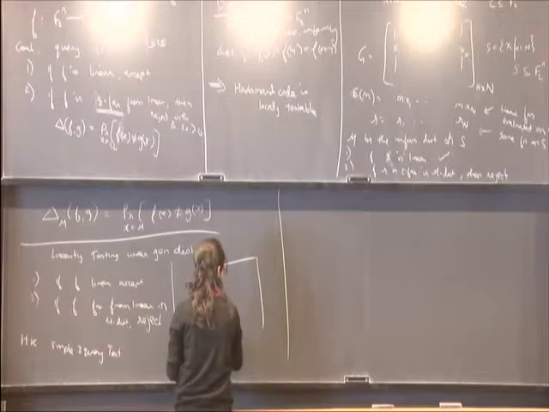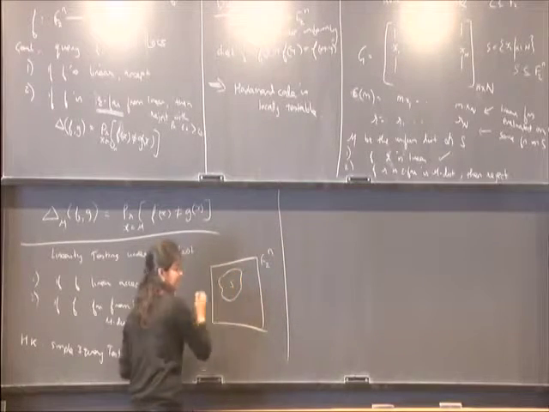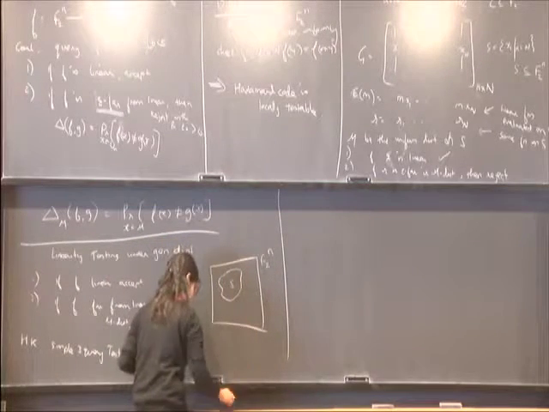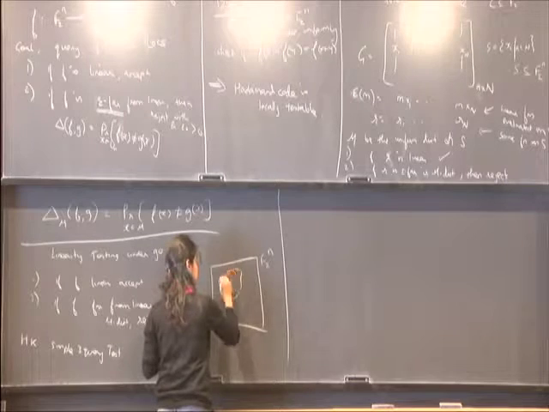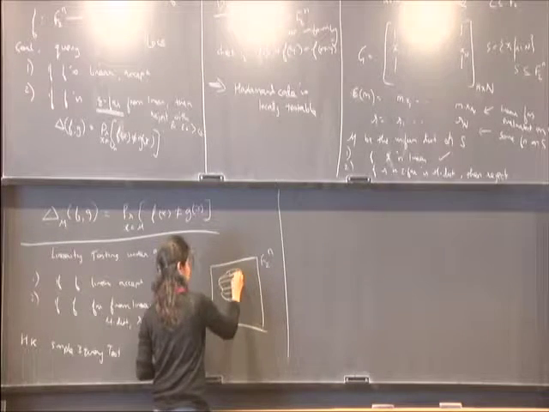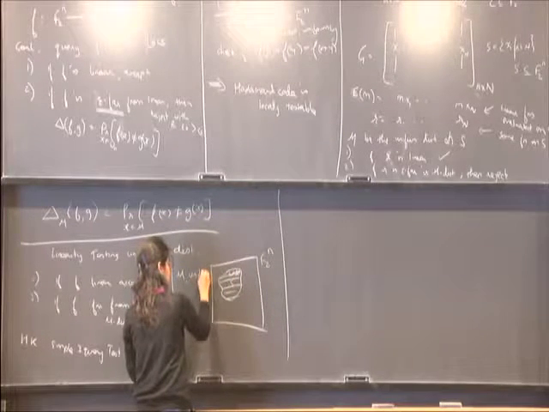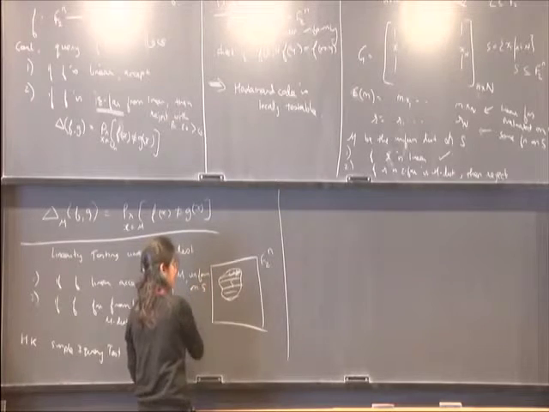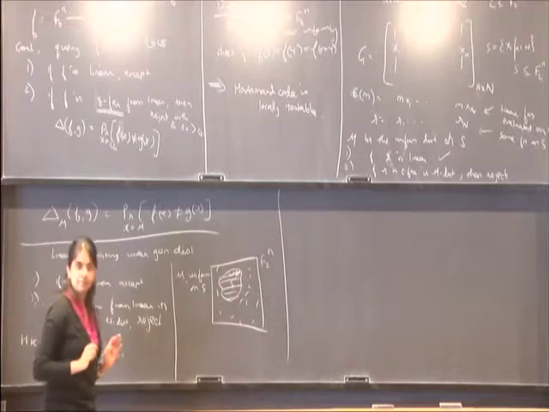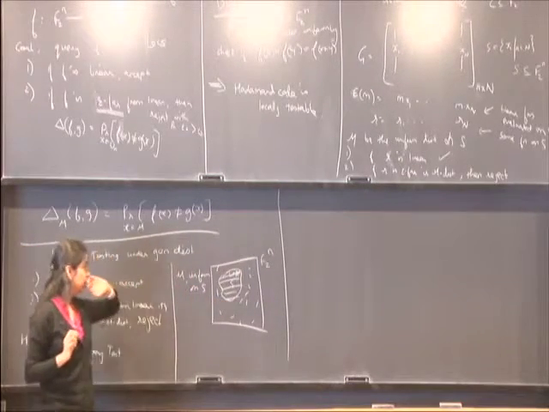Suppose you have F_2^n and you have the set S out here, and say I have a function which is purely linear on this part. My distribution mu is uniform on S, and I have a random function outside.